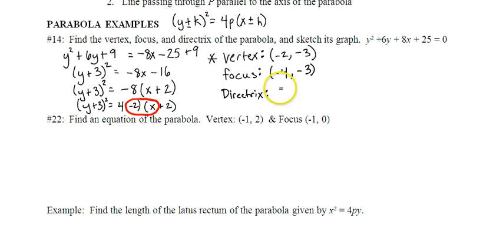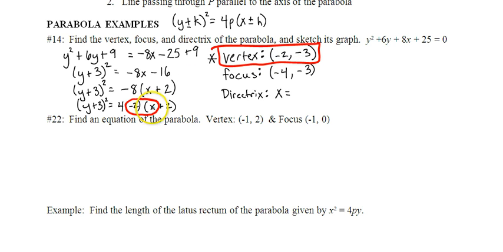So here it's x, which means it's going to be a vertical line. But remember, your directrix changes in the opposite direction. So it's going to change from your vertex, and that's why that vertex is really, really important to find, because your focus goes in one direction from your vertex, your directrix will go in the opposite direction.